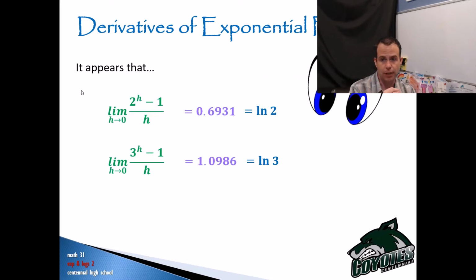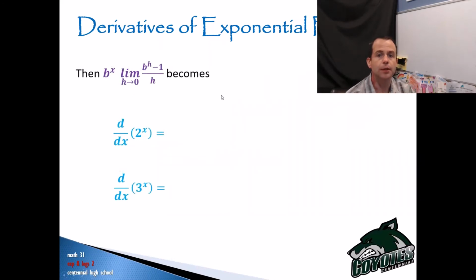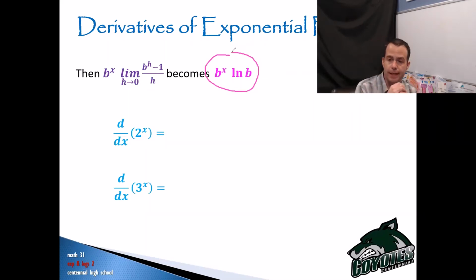Now what we see is that second chunk, b to the h minus 1 all over h, that limit is going to approach ln b, okay? So the derivative becomes b to the x ln b. So this guy here is the derivative of b to the x. The derivative of b to the x is b to the x times ln b.